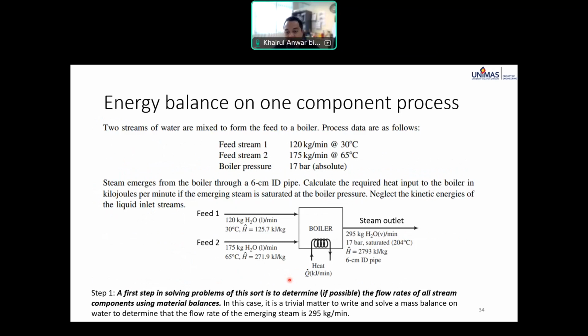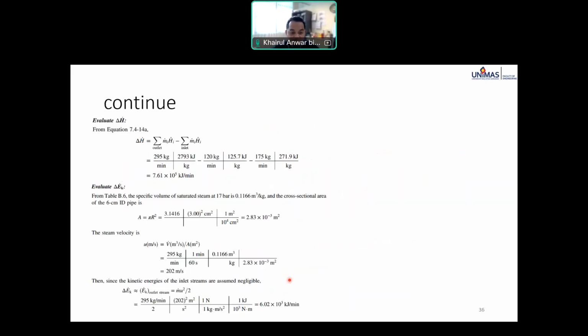Neglect the kinetic energy of the liquid inlet stream. Then we get delta EK as 6.2 kJ per minute. It's the kinetic energy.